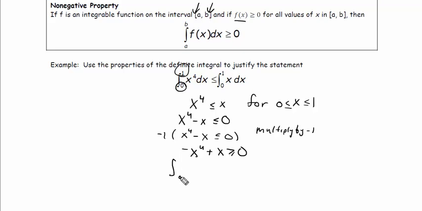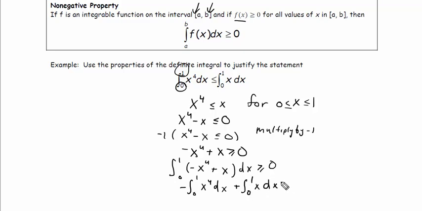So the integral from 0 to 1 of negative x to the fourth plus x dx greater than or equal to 0. I'm going to use the additivity property to split these up. So negative integral from 0 to 1 of x to the fourth dx plus integral 0 to 1 of x dx greater than or equal to 0.